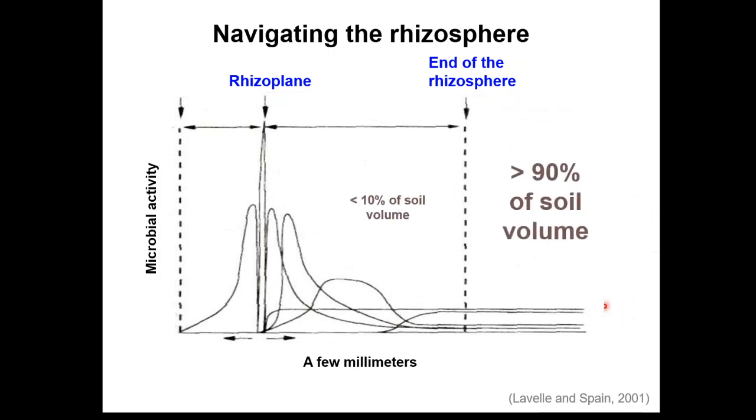So around 10% of the soil volume is where this happens, in the rhizosphere, and the other 90% of the soil volume is outside it.